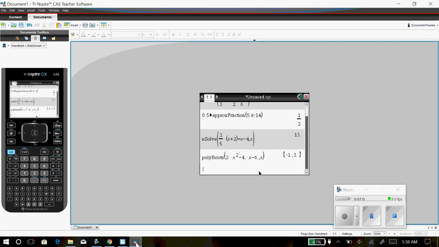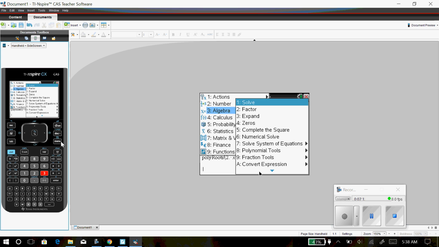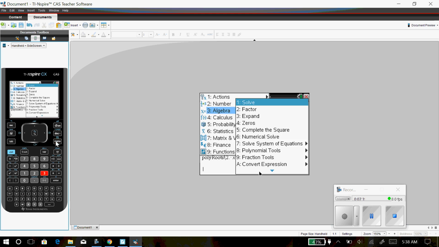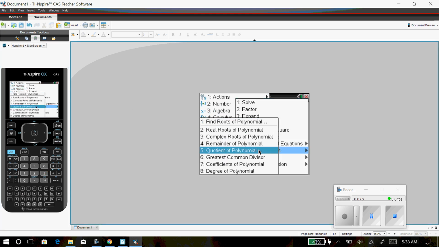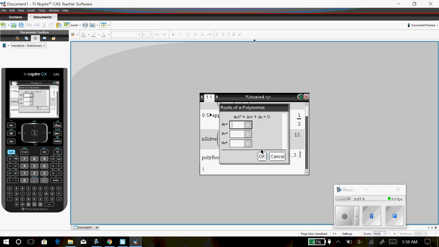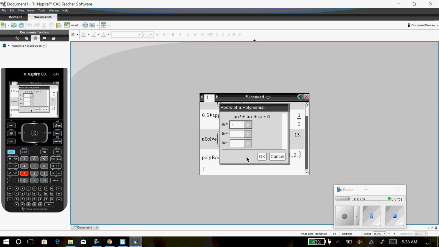Go to Menu, Algebra, Zeros. Oh, I'm sorry, not zeros. Menu, Algebra, Polynomial Tools. You want to find the roots. Mine's an x squared, so a degree of 2, and they're real. Now the numbers I want to type in here, the number in front of the x squared is actually 1. So we're going to type in a 1, a -2, a -24.